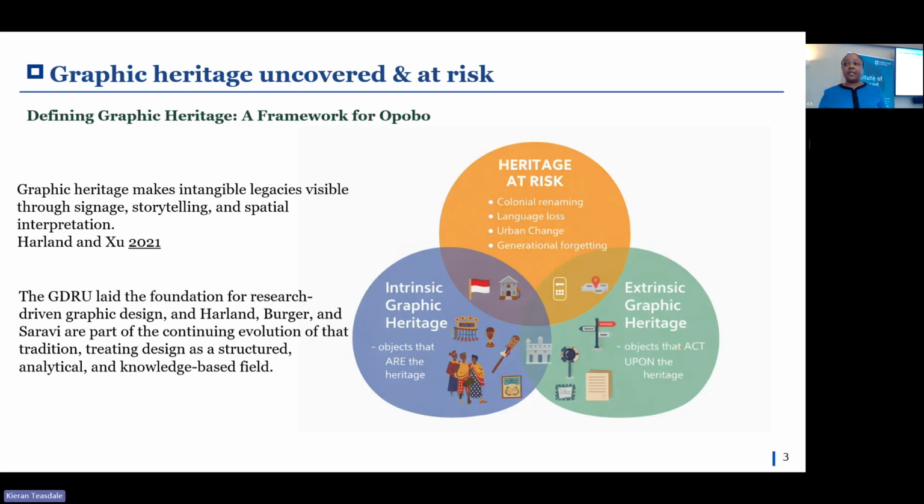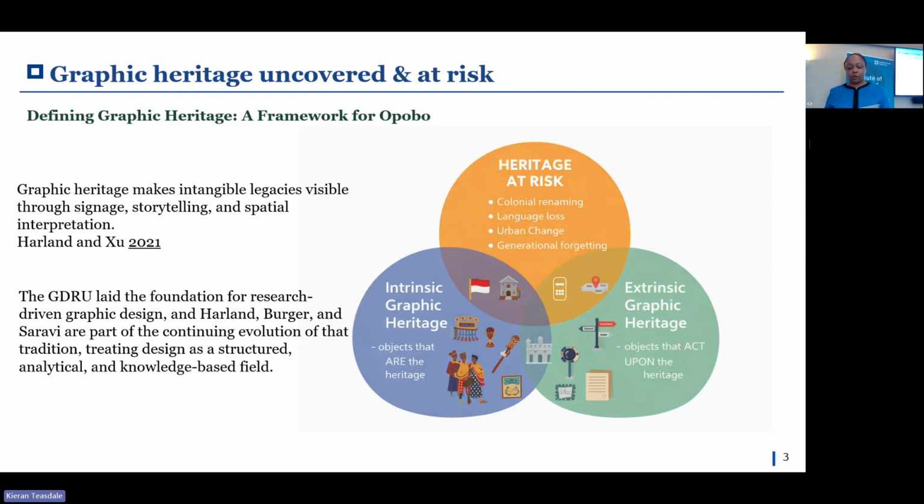Consequently, graphic heritage frequently operates as what we might call invisible archives, a system of knowledge that exists, circulates, and shapes cultural identity, but remains largely undocumented within formal research infrastructures.